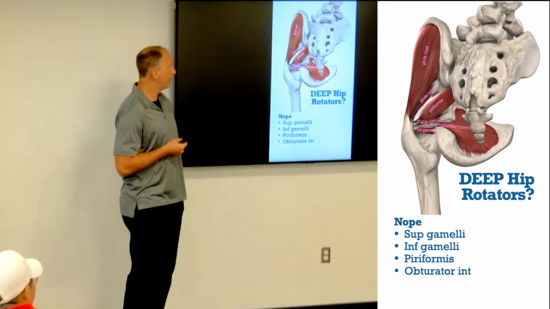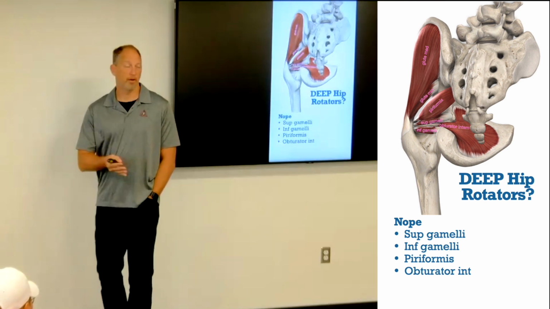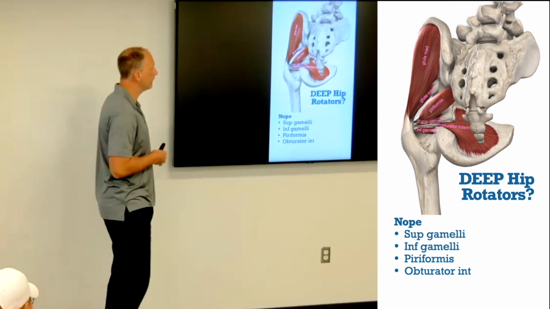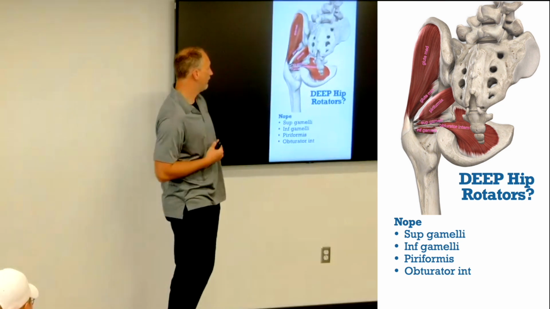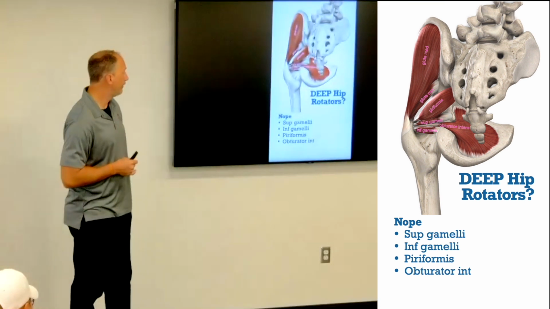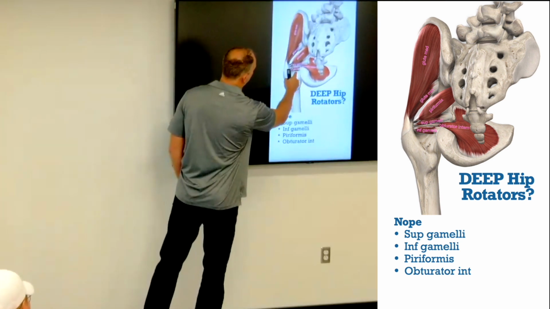The ones that tend to jump out the most is, what about the deep rotators of the hip? They're not included in any line. They're not a part of the deep front line. When you talk about the deep rotators of the hip, we're talking about the superior and inferior gemelli, the obturator internus, which is not on this picture, and then the quadratus femoris.